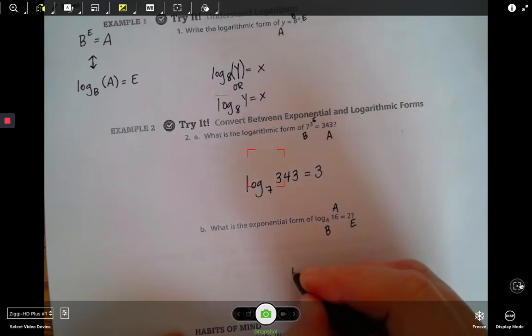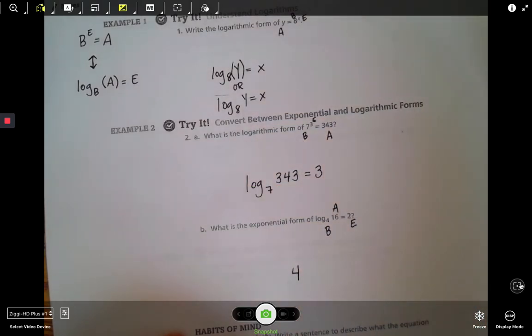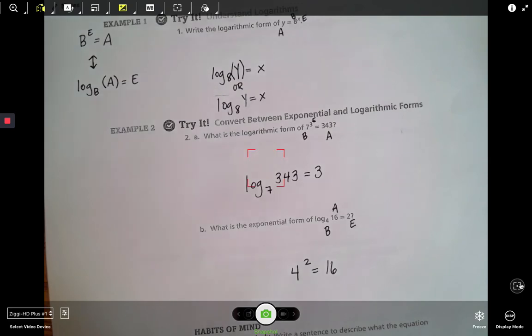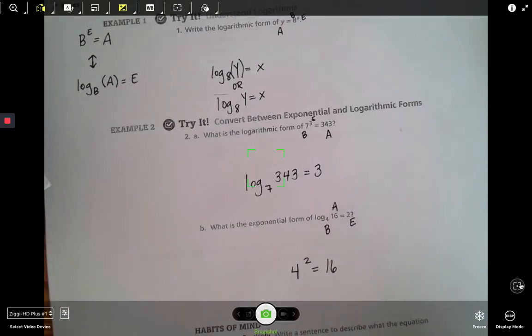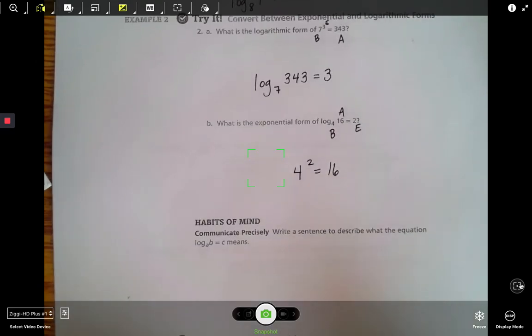So we've got 4. We raise it to the what power? Second, and we say it equals 16. Everybody got these two?